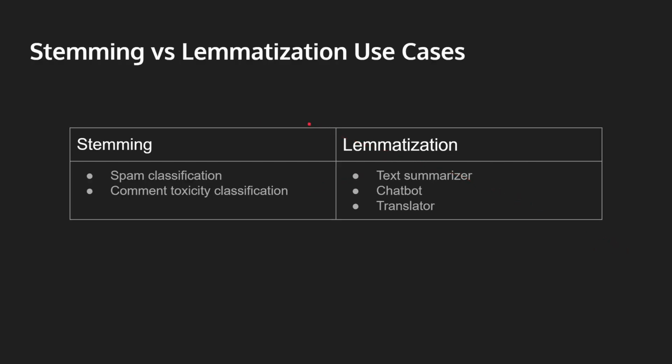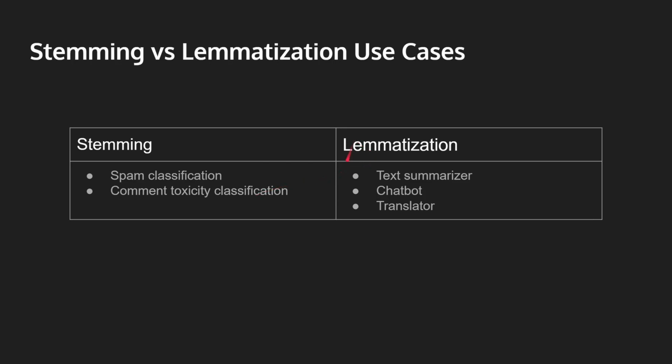So let's look at the stemming versus lemmatization use cases. For stemming, we usually use it for spam classification, because the accuracy of each word doesn't matter as much in this case. And for toxicity classification, I guess the meaning of each word might not matter as much either.